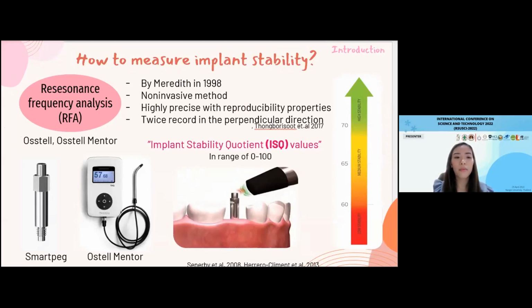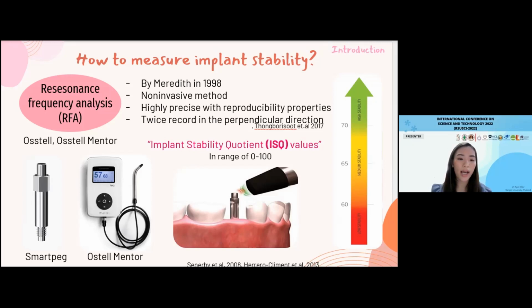There are many methods to assess implant stability. Resonance Frequency Analysis, or RFA, is a recommended non-invasive method to detect implant stability. This method was presented by Meredith in 1998.